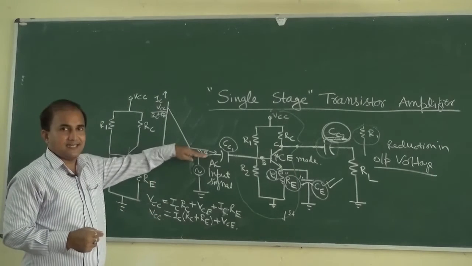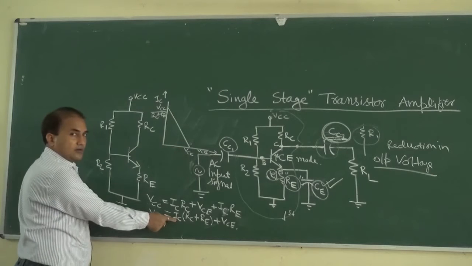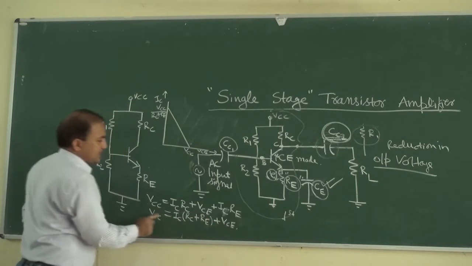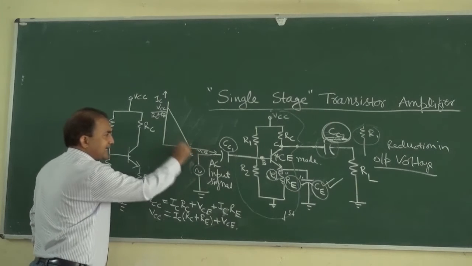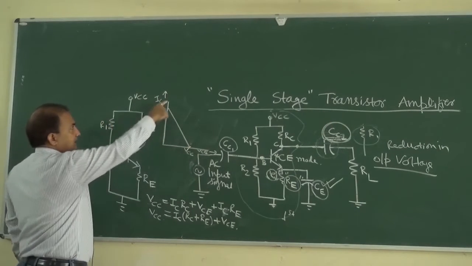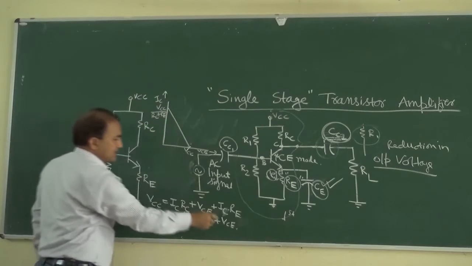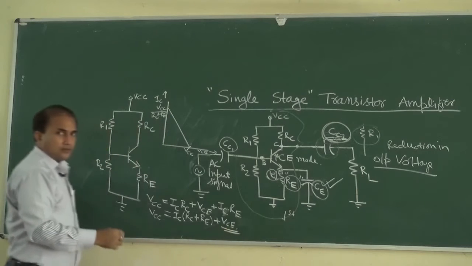So in this axis, IC is equal to 0, so VCE is equal to VCC. So this point we can get. Now along this axis, VCE is equal to 0.